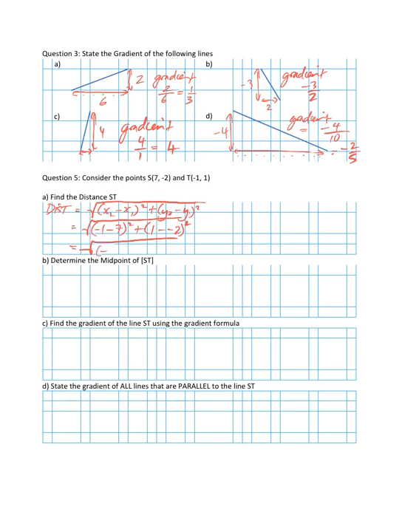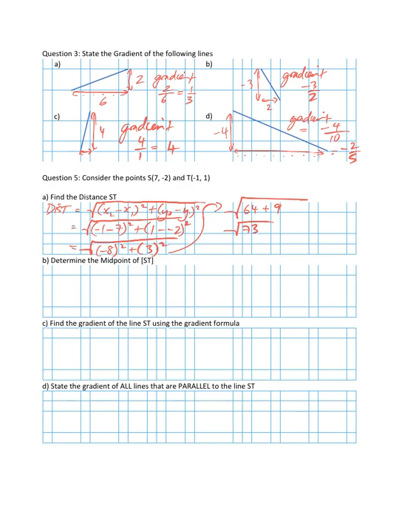Negative 1 take 7 is negative 8 squared, plus 1 take negative 2 is going to be 1 plus 2, which is going to be 3, and you're squaring that. My working out doesn't fit, so I'll move it up. Negative 8 squared is 64. 3 squared is 9. So your answer is going to be the square root of 73. It doesn't ask you to do as a decimal, so you leave it at square root of 73.